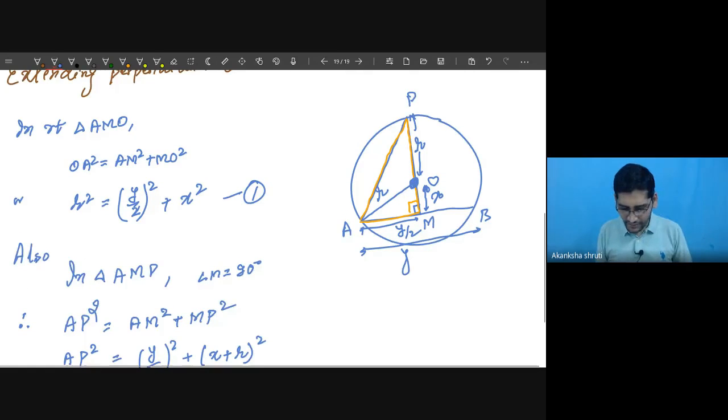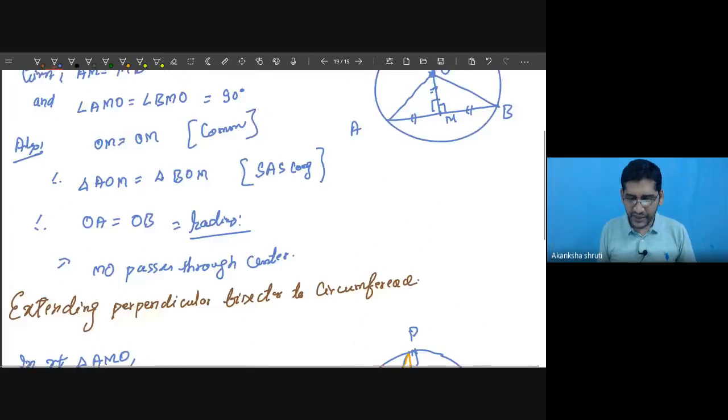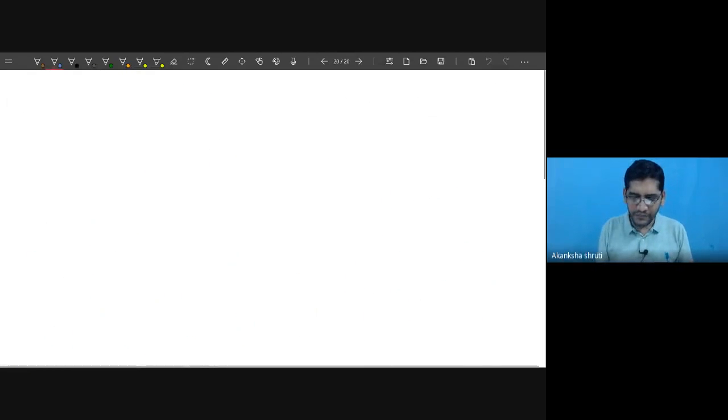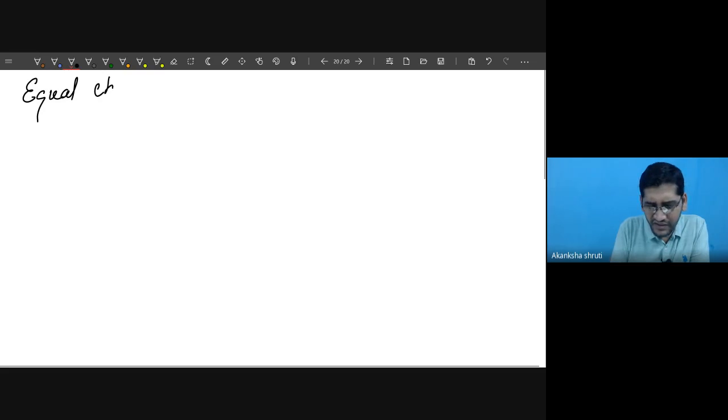So this was all about this chapter. Students, there is another very small thing that is called equal chords of a circle.